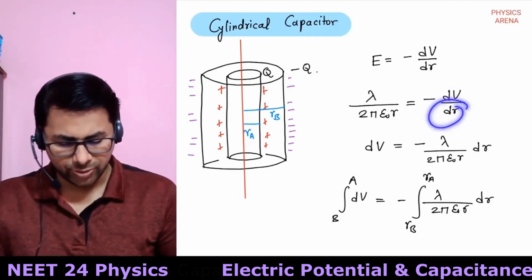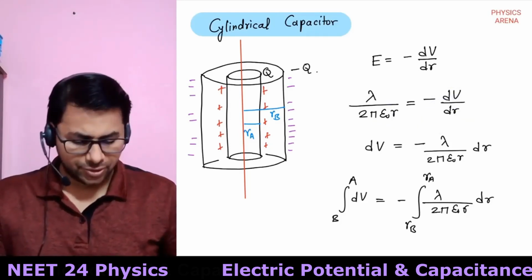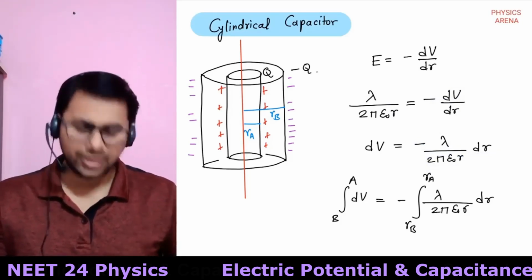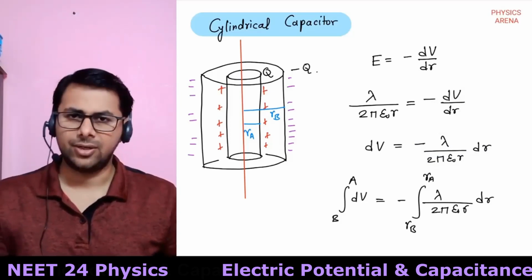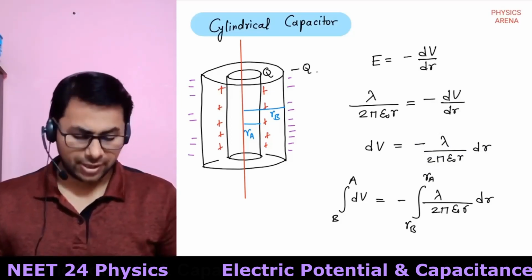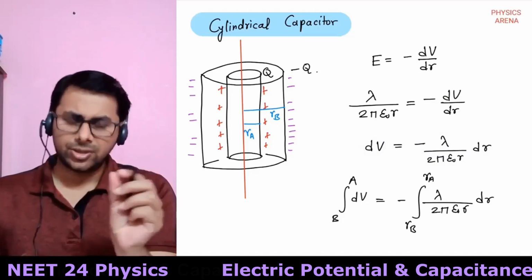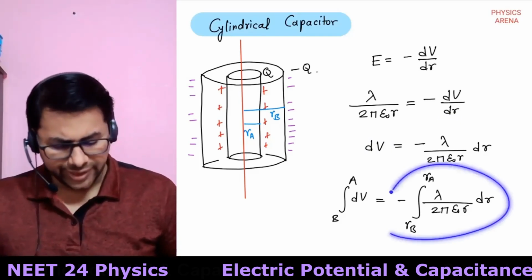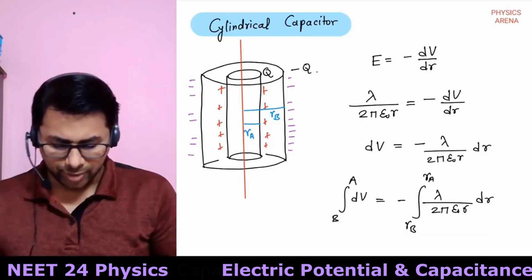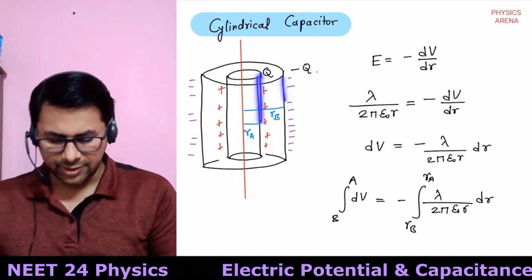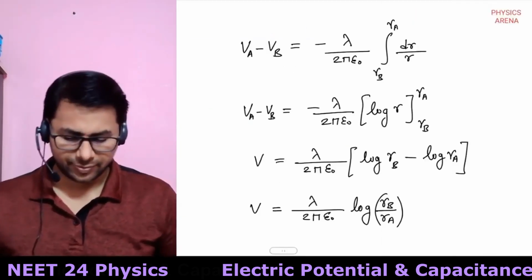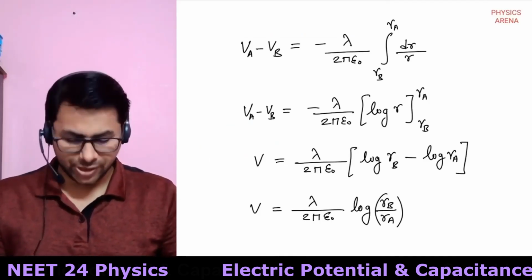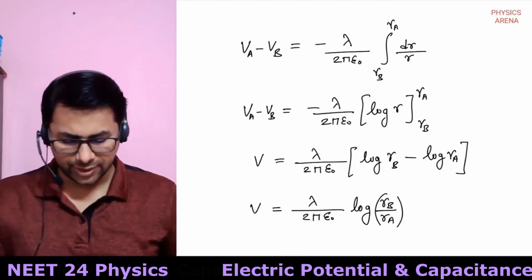You will move this dr on the other side, so you get minus of lambda upon 2 pi epsilon naught r dr, and then you will take the integral of that to find out the total potential difference. This is potential difference in small distance dr, right? So then you integrate that and find out the total potential difference between the inner cylinder and outer cylinder.